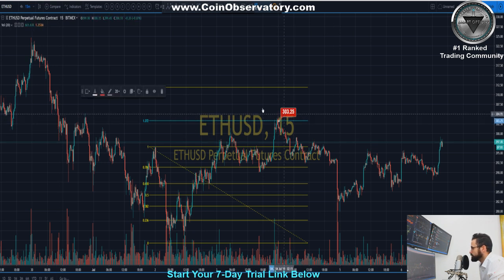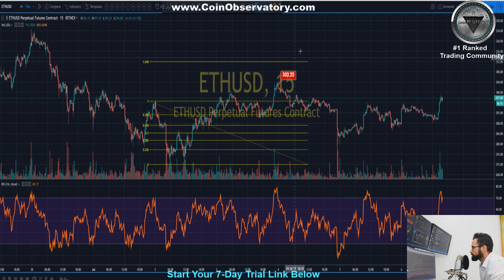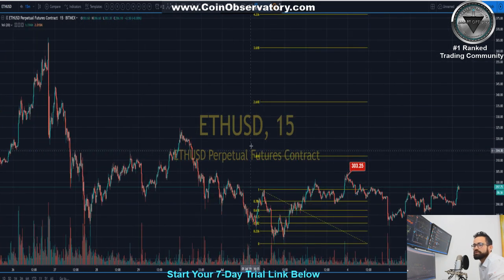Which, if we didn't have that 1.272 fib drawn, if this wasn't even visible, it would be in no man's land. There's no way to pick a local top here based on this move except for, oh, I'm going to sell the last resistance. So this is one example of this.